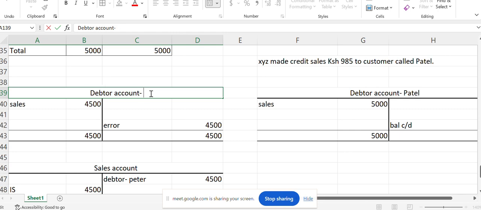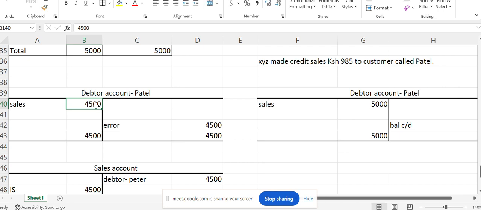So if the credit sales that was made to Patel is worth that amount, how do you record that? So instead of recording 985, this way I want you to understand, maybe you had some issue, you record the amount as 958.